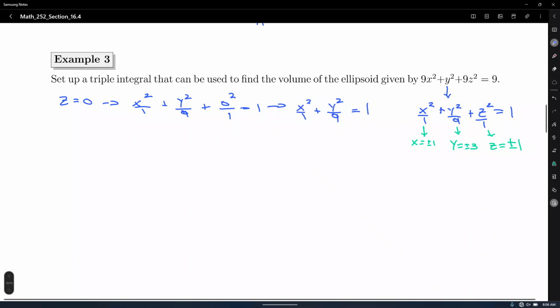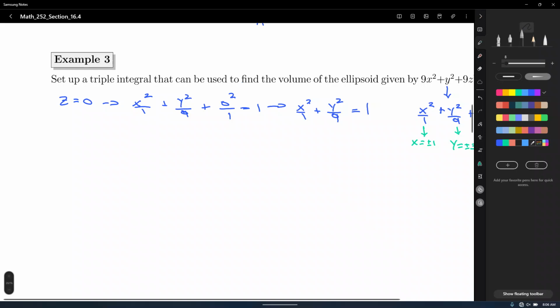That's our projection onto the XY plane. Let me plot that real quick. It's going to look like this roughly. Okay, that's good enough. So this is minus 3, 3, minus 1, and 1.